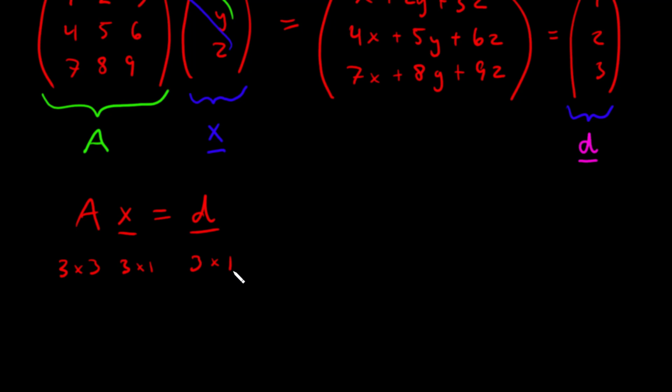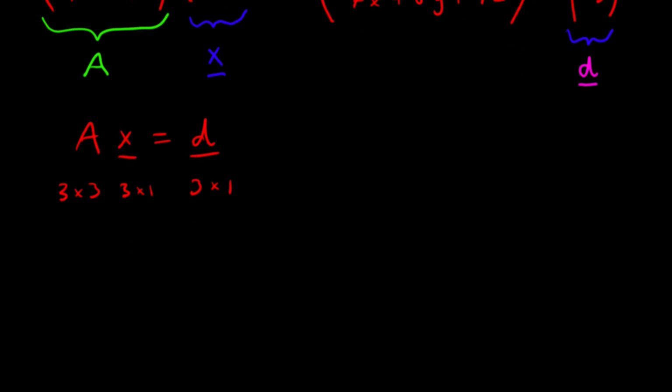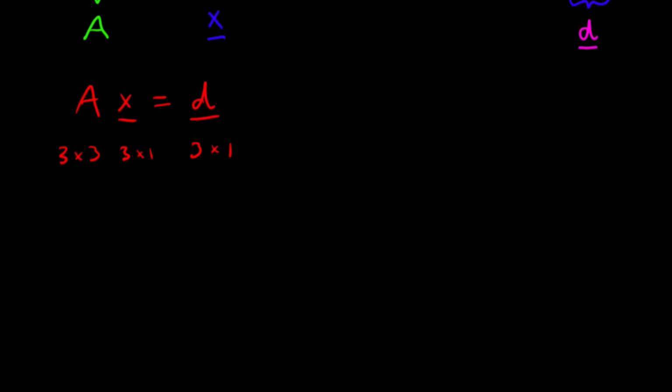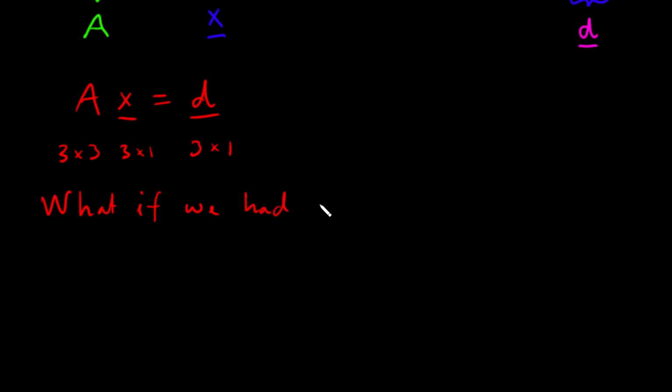This is good, but what if I had a different set of unknowns compared to the number of equations? Well, I don't want to go into the totally generalized theory here, but let's just look at an example. So I just write up the question. What if we had 4 unknowns?